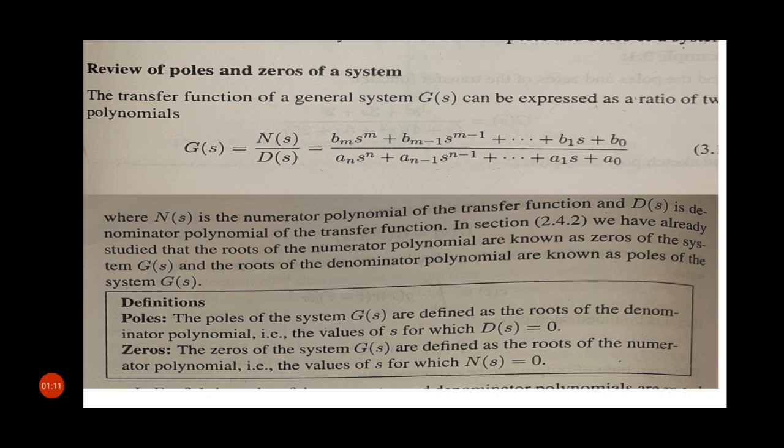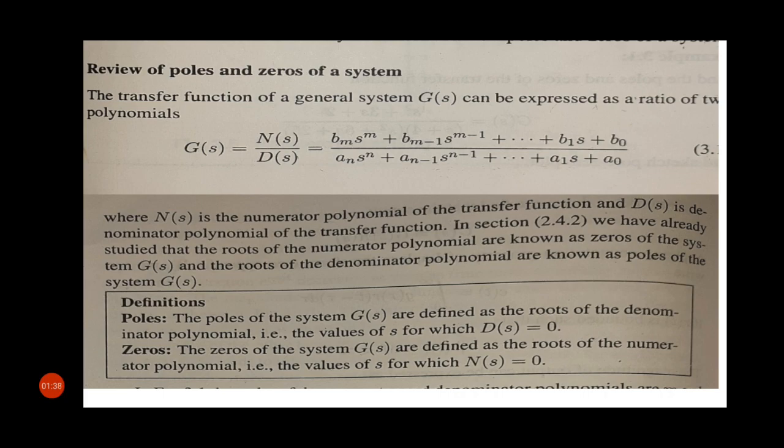So, the definition of poles: the poles of the system G(s) are defined as the roots of the denominator polynomial, that means the values of s for which D(s) = 0.